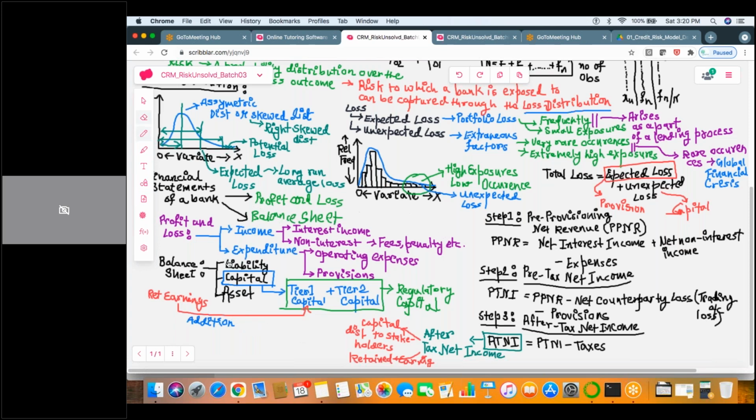Okay. So over here what we are talking about is that this part goes as an addition to equity. When we talk about the addition to the equity, what it means is that this is the part which enters into the equity, and the equity capital increases.